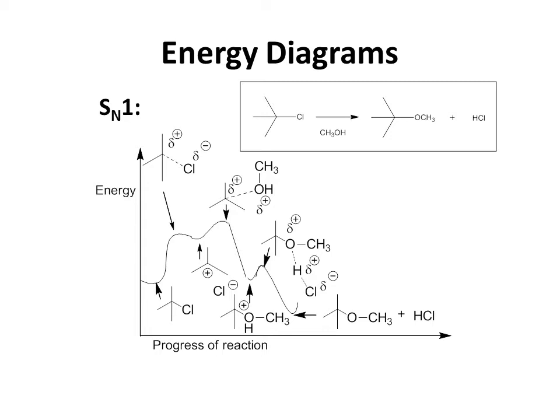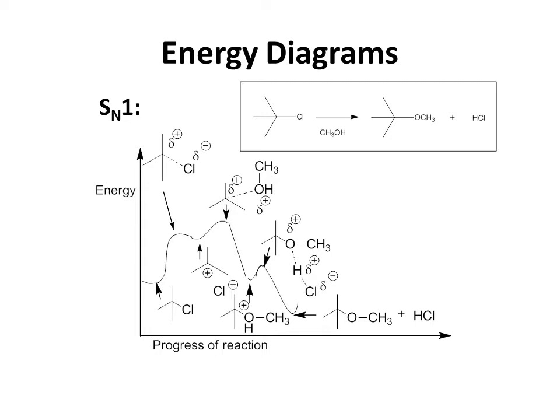So what we do is we show this big hill, and at the top of that hill is the transition state where we show a dotted line between the carbon and the chlorine atom with partial charges, partial plus for the C, partial minus for the Cl, the transition state leading to the carbocation, which is at the valley between the first hill and the second hill.